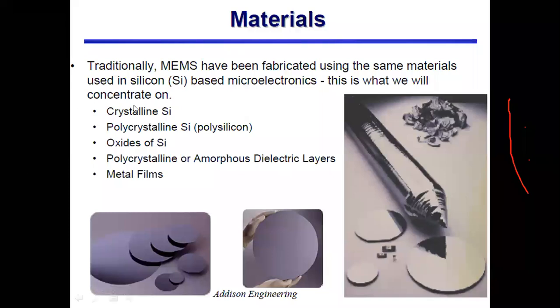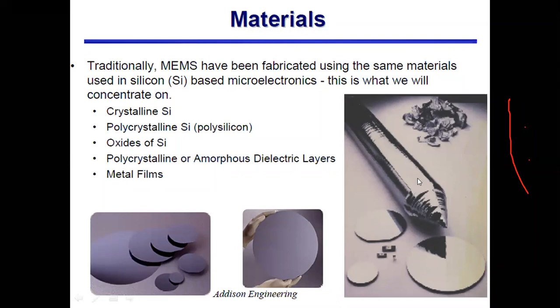So single crystal silicon wafers are available. Polysilicon wafers are available. Silicon wafers on which there is a layer of oxide, it is available. Polysilicon with metallization is also available.